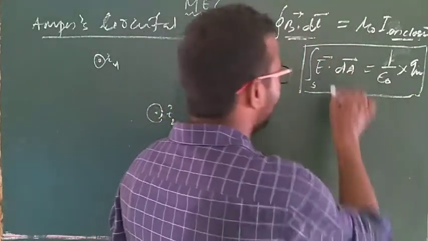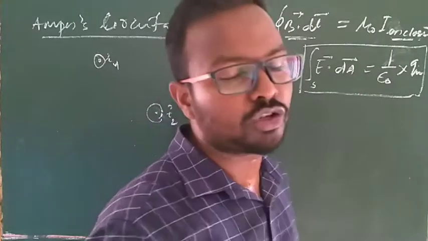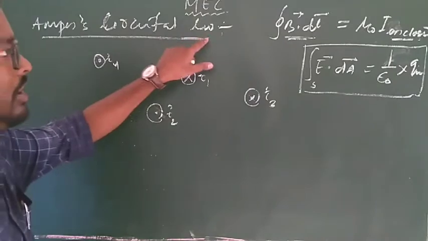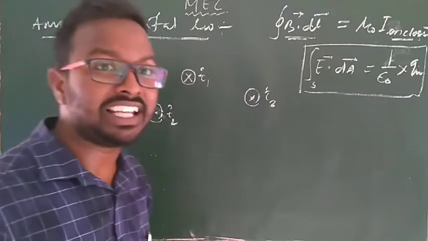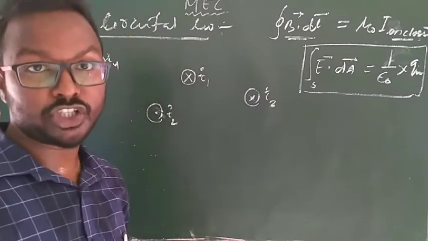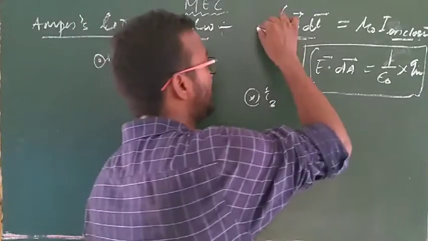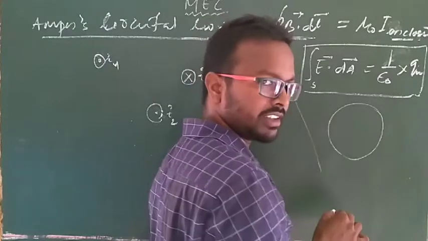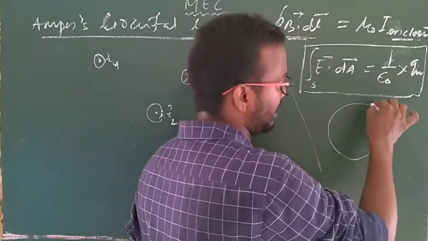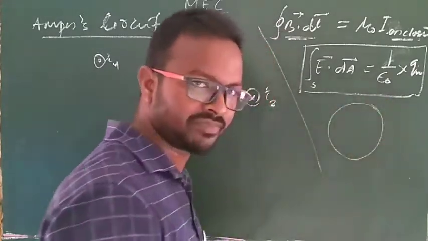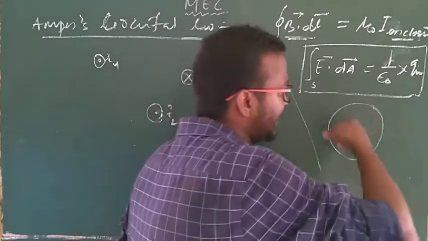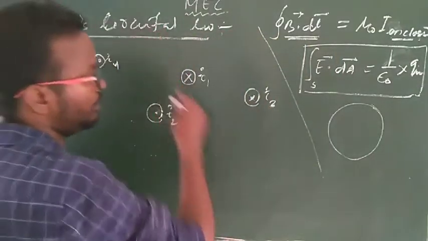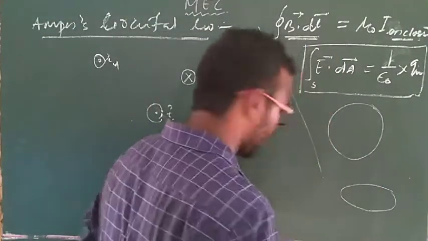Clear? And in Gauss law we deal with the Gaussian surface. But here in Ampere's law, we deal with the Amperian loop. What is the difference between surface and loop? Surface means suppose we have a sphere. If we imagine a Gaussian surface, then the Gaussian surface is like an area. But in the Amperian case, this is only a loop.